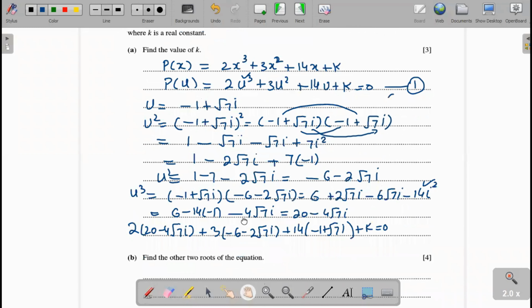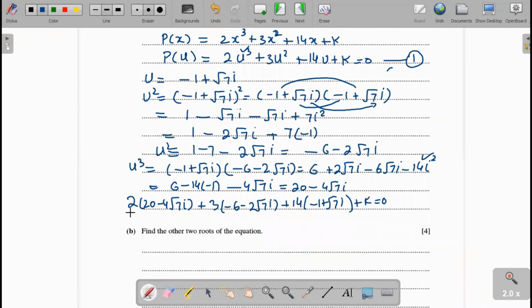Now we can write this as 40 minus 8 square root of 7i minus 18 minus 6 root 7i plus minus 14 plus 14 square root 7i plus k equal to 0.